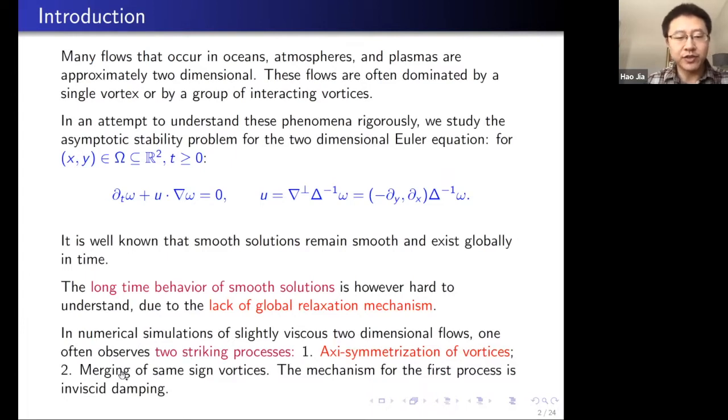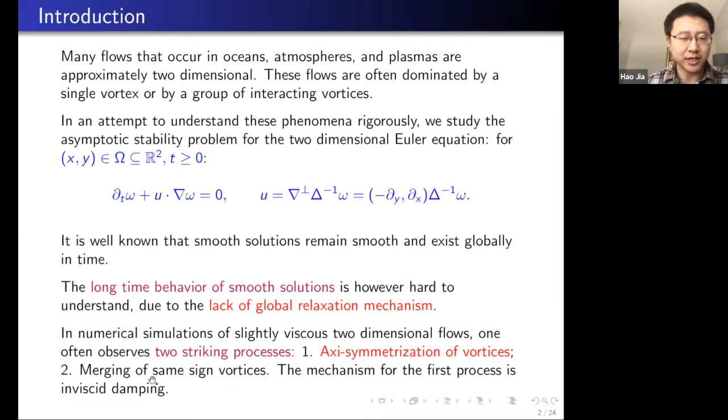And also, if two vortices are of the same sign and get close by, under the external velocity field, they could merge together to form a larger vortex. These two processes are very important for the global dynamics of two-dimensional fluid equations. And today we are going to talk about the mechanism for the first one, axisymmetrization.